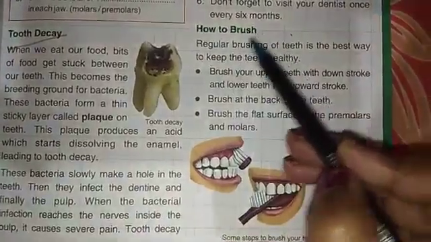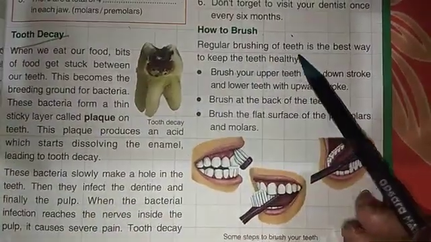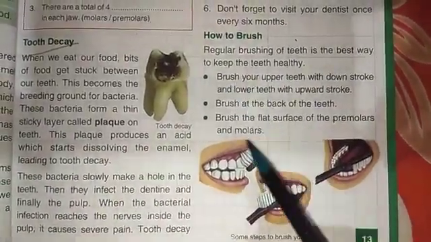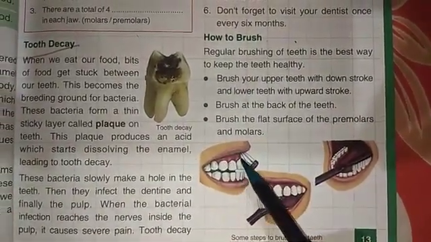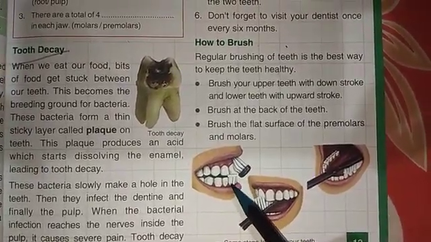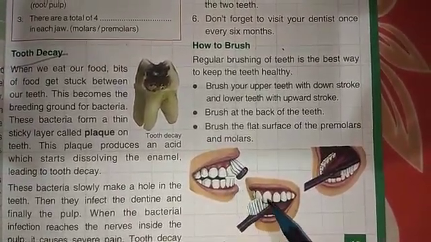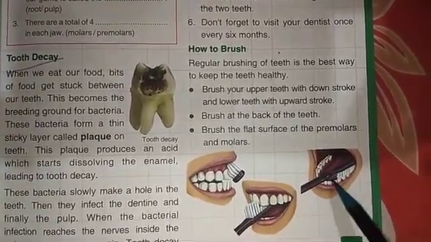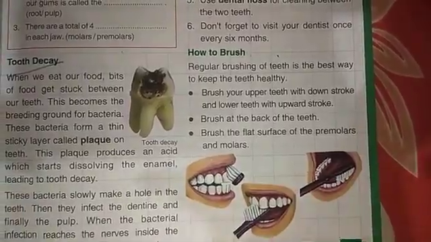How to brush? Regular brushing of teeth is the best way to keep the teeth healthy. Number 1, brush your upper teeth with a downward stroke and lower teeth with an upward stroke. Brush at the back of the teeth. Brush the flat surface of the premolars and molars.